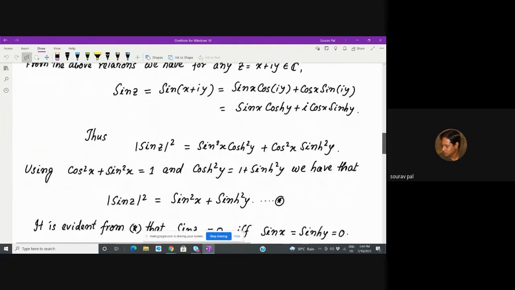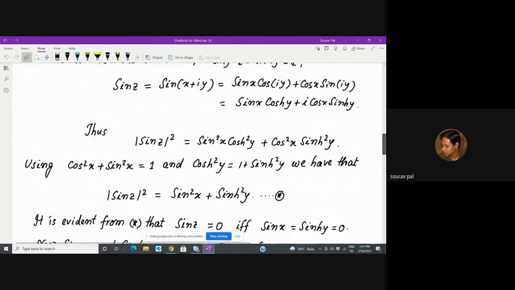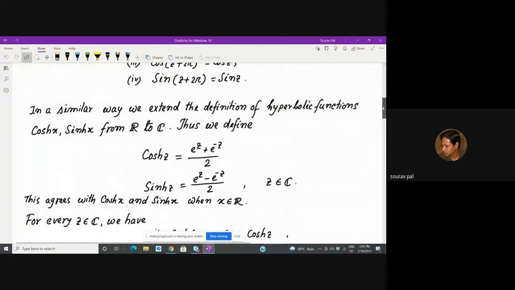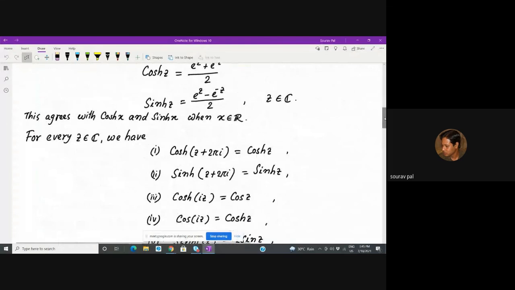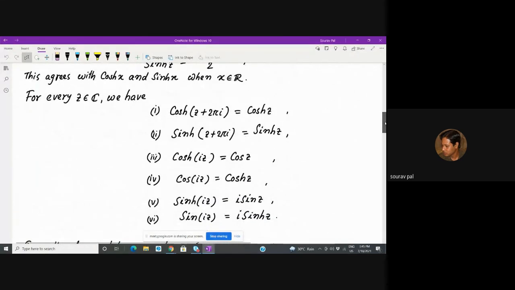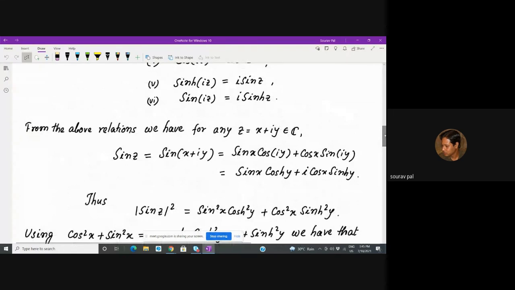Now, what is important here is the zeros of sin z. Let us see what the zeros are. We know for the real sine, when sine is defined on the real line, what the zeros are. They are just n pi, right? Where n varies over the integers. Now, how can we determine the zeros of sin z when z runs over the entire complex plane?